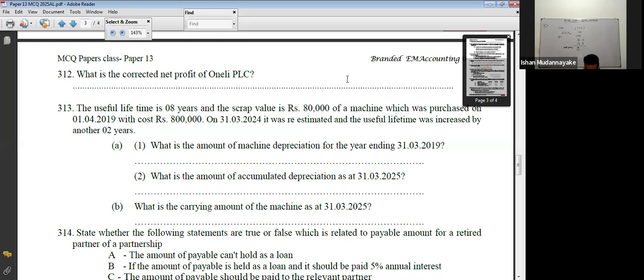Right, children, question number 313. The useful lifetime is 8 years and the scrap value is 80,000 of a machine which was purchased on 1st April 2019 with the cost of 800,000. Cost 800,000, scrap value 80,000, useful lifetime 8 years. On 31st March 2024, it was estimated and the useful lifetime was increased by another 2 years.